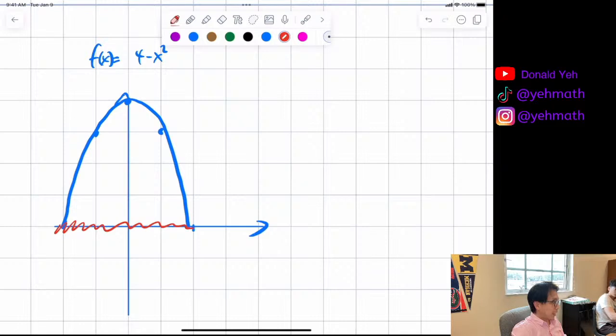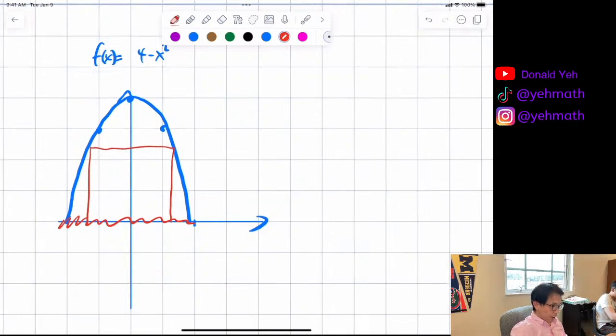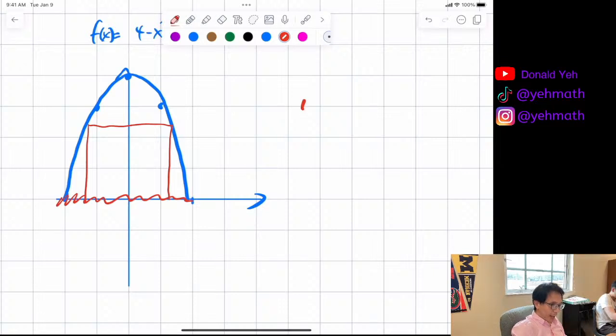What's the biggest rectangle that you can build? So what can you optimize for this rectangle? We have an arbitrary rectangle right here. I don't know how big that rectangle is. So the idea is this: the area of this rectangle is what?